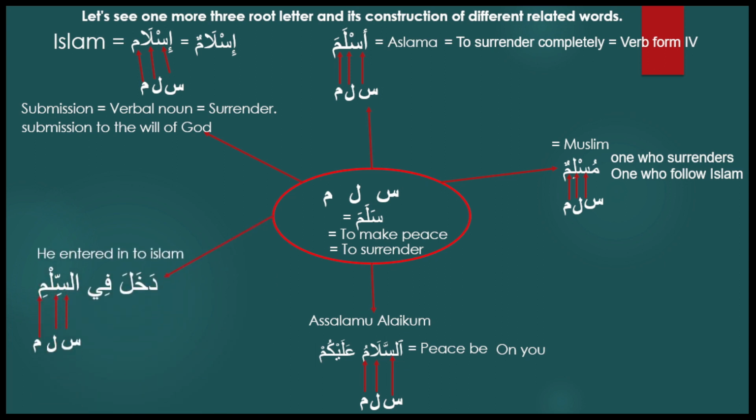We can see them in the sentence Dakhala fis silmi, he entered into Islam. So you see, this is the concept: from any three root letters, we can make different words by adding some extra letters and by changing the harkat, and the core meaning will remain the same in all cases.